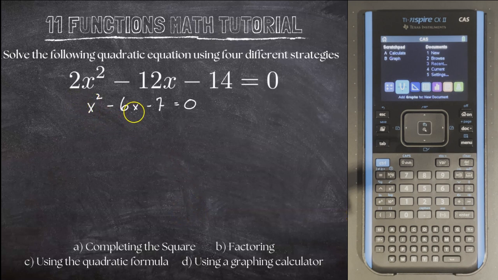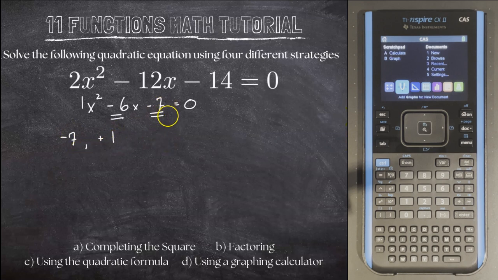Factoring, in this case, we have a simple trinomial because our a coefficient here is just 1. We need to figure out two numbers that multiply to give negative 7 and add to give negative 6. 7's a prime, so there's not many options we have here. But we could play with that negative. So you can either have negative 7 and positive 1.